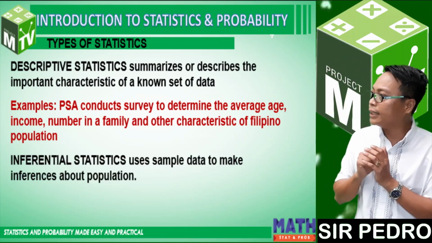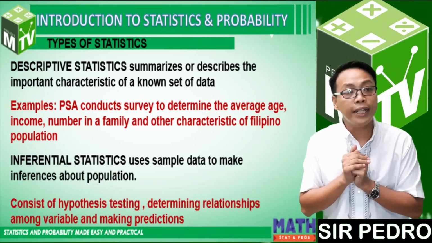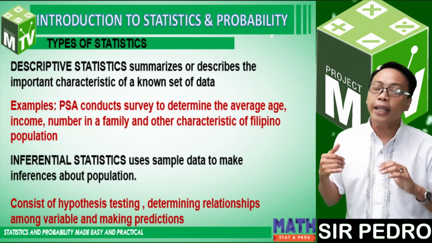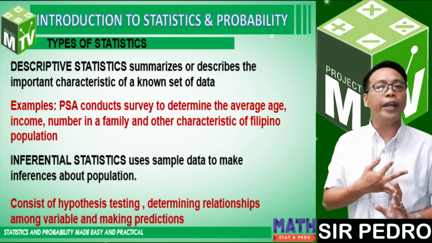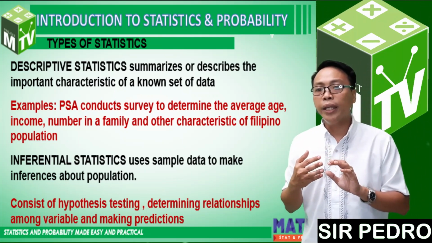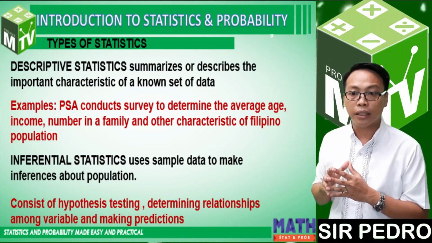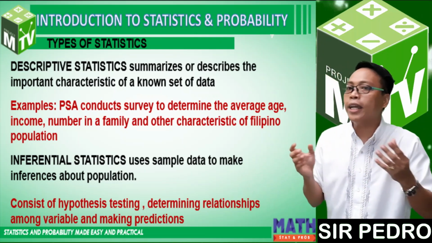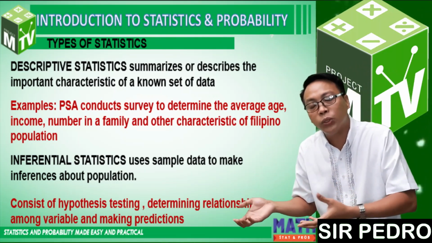Inferential statistics, in a case, uses sample data to make inferences or predictions about a population. If you're doing hypothesis testing, determining relationships among variables, and making predictions, you are doing inferential statistics. Example, is there a significant difference between the IQ level of male and female students?